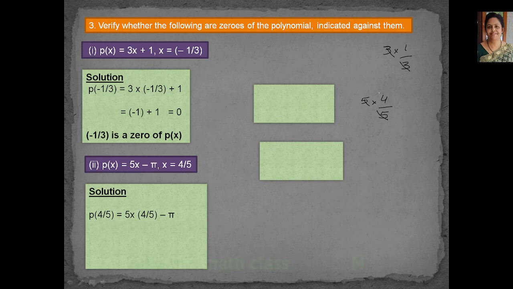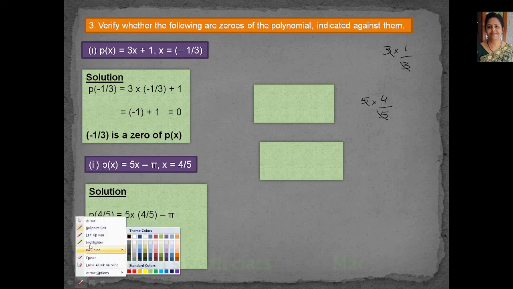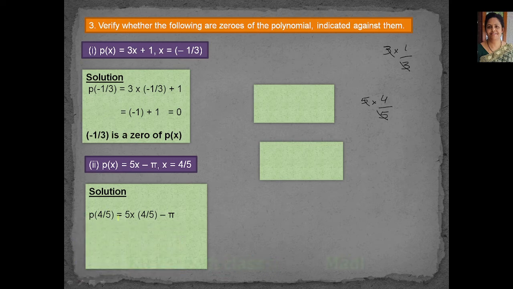Remaining 4. So here you will get 4 minus 5. 5 into 4 by 5 is 4. 4 minus 5 is not equal to 0. So, 4 by 5 is not a 0 of P(x).